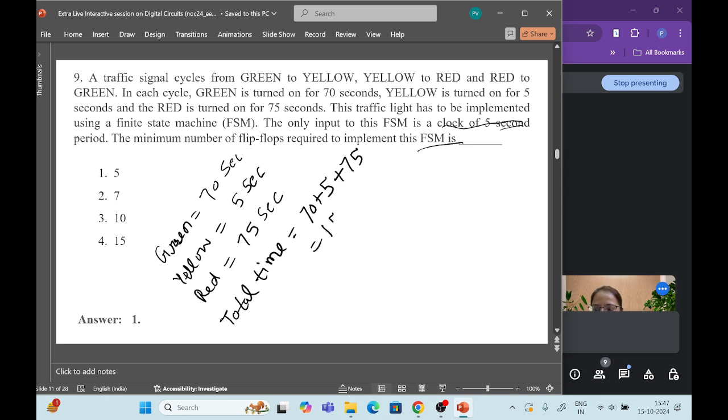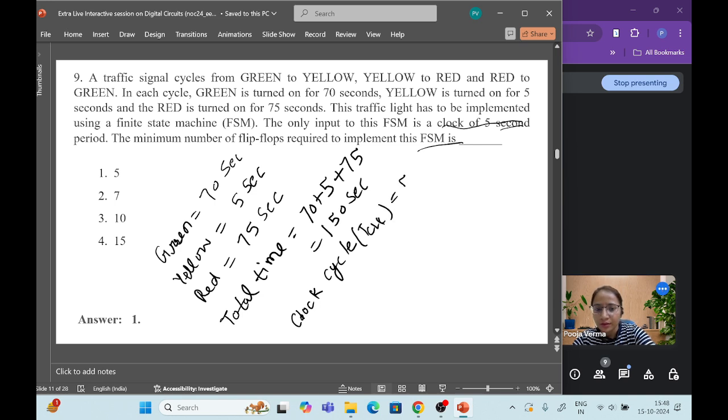That is 150 seconds, right? And the clock cycle given for the FSM, the input clock cycle T clock, is 5 seconds, right?